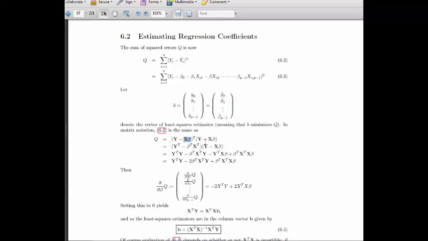Now I'm just going to FOIL, right? This is y transpose y minus beta transpose x transpose y, and then minus y transpose times x beta, plus, finally, all this times all this, so minus times minus is a plus, and I've got beta transpose x transpose times x times beta.